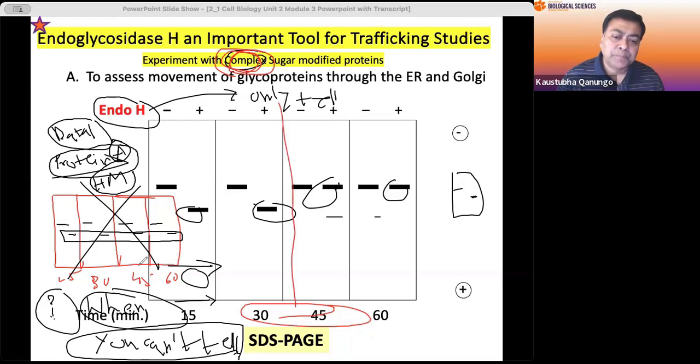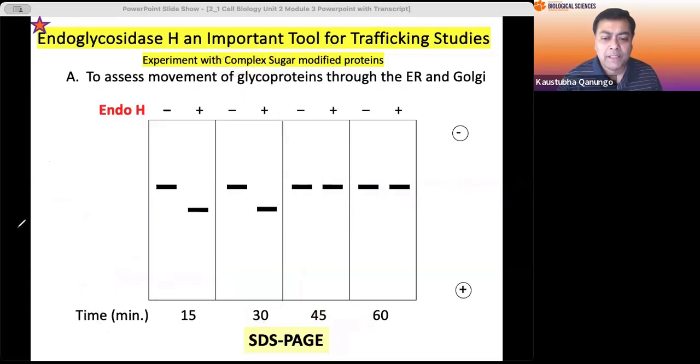For the A panel, because it was a high mannose protein, its matured form, even after out of the Golgi, will always be sensitive to EndoH. So you cannot tell the trafficking study. It is not after 60 minutes because you cannot tell. It will never be resistant to EndoH because it's always susceptible. So this is probably the most important question from here.